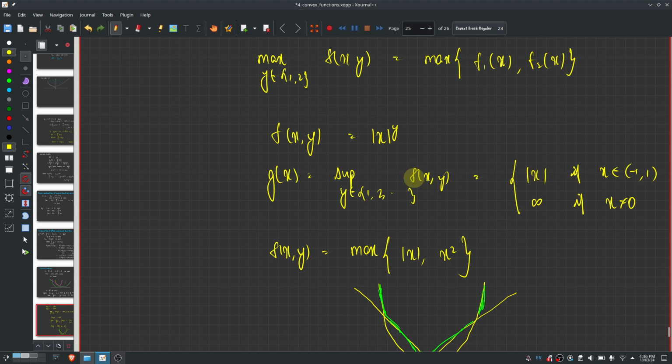For x in the open interval between -1 and +1, the maximum is achieved, and that is by f of x comma 1. But for any x greater than or equal to 1, or less than or equal to -1, the supremum is never achieved by any finite y. If x is equal to 1, sure, but if x is greater than 1 or strictly less than -1, then the supremum is never achieved.